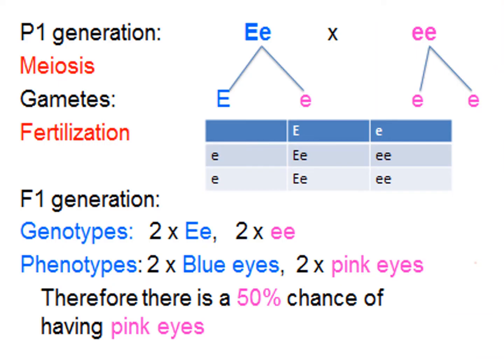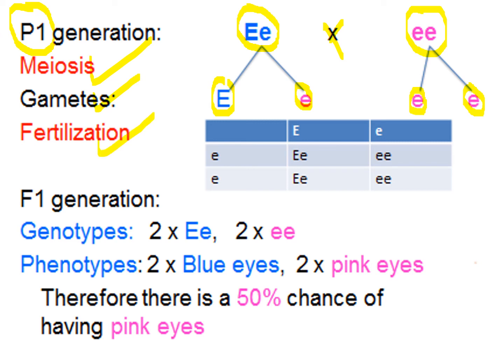So we start off our genetic cross with our P1, or our parental one generation, which has the genotype uppercase E, lowercase e times lowercase e, which then undergo the process of meiosis to produce gametes. And if we think back to Mendel's law of segregation, our gametes from our first parent can be the dominant allele or the recessive allele, and from our second parent, the recessive allele.